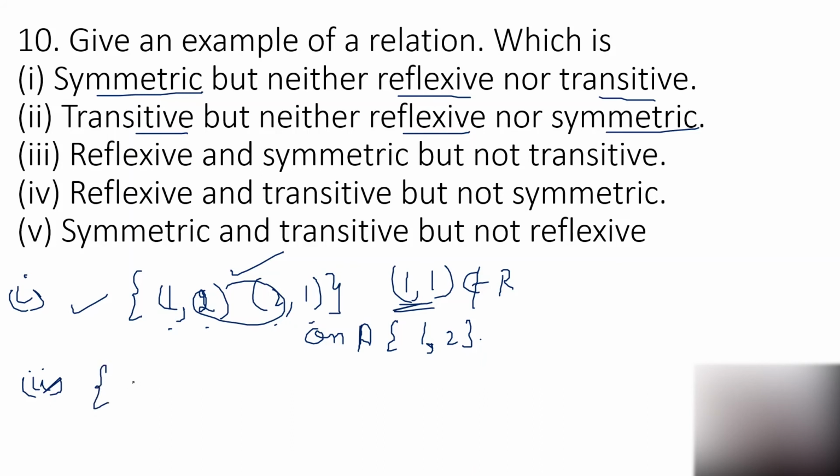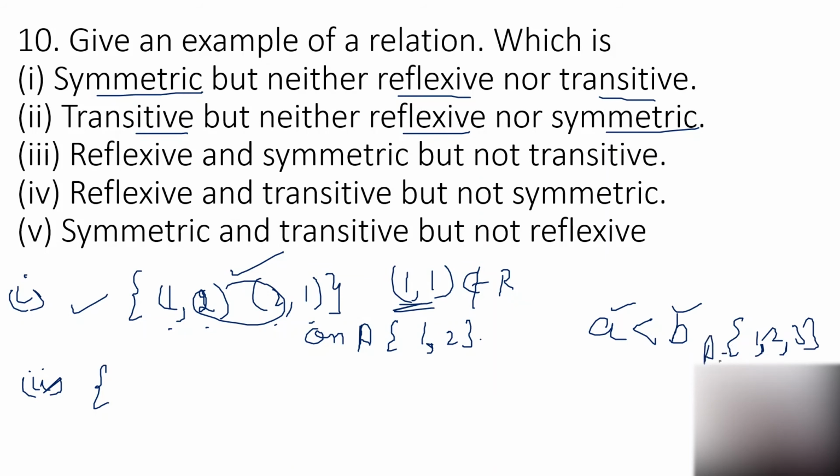Let us consider a relation such that A is strictly less than B, because earlier we had taken A less than or equal to, and there it was reflexive also.